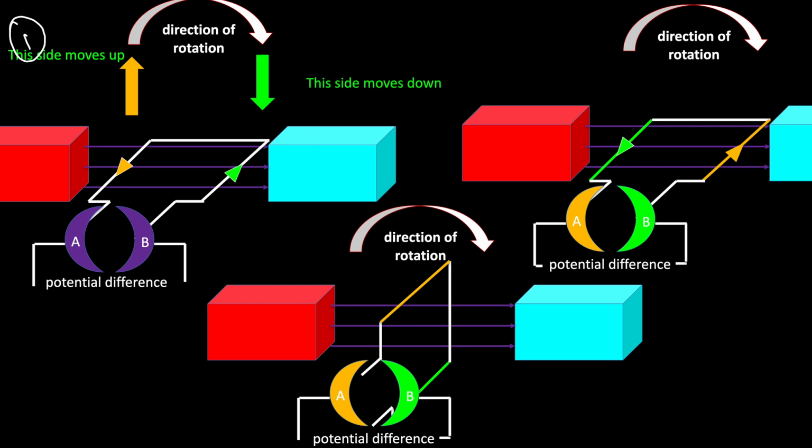Next, as our coil rotates, again, like our alternator, the dynamo induces no current in this phase. And that's because our coil is not cutting the magnetic field lines. It's moving parallel to the magnetic field lines, as shown here.